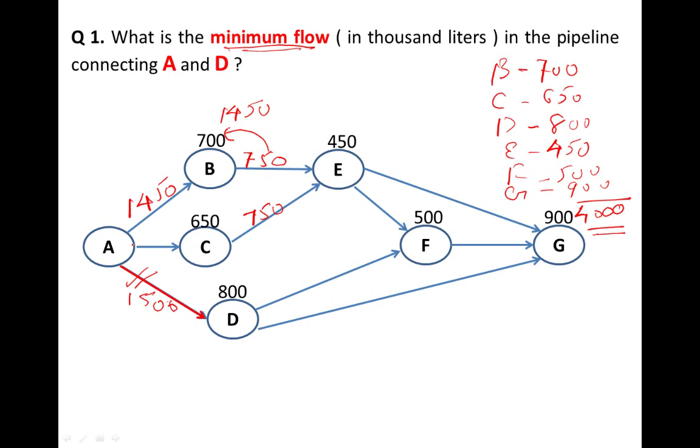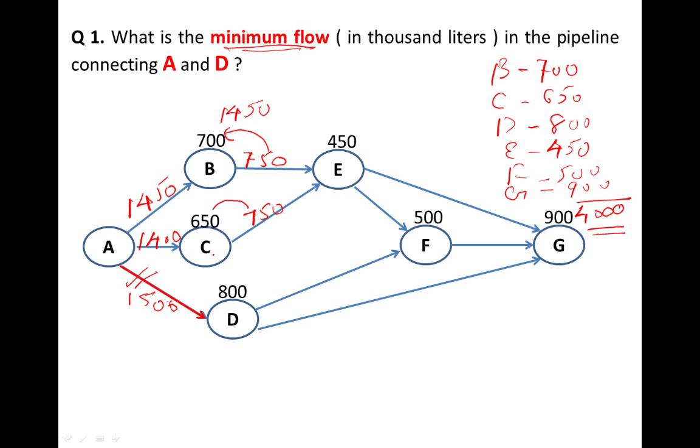That means for the pipeline connecting refinery A to depot C, the maximum flow is the requirement of C plus the outflow of C, that is 650 plus 750, which comes to 1400. So C can take 1400.